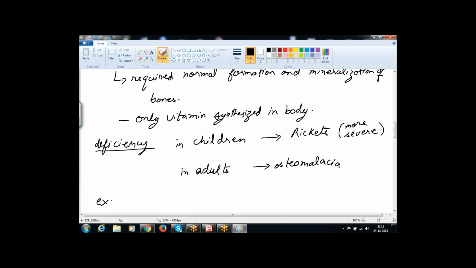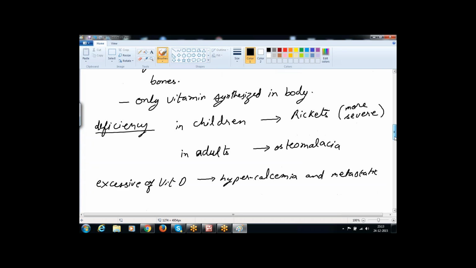Excess of vitamin D can cause excessive calcification, so it can cause hypercalcemia. That means excessive calcium, hypercalcemia, and metastatic calcifications.